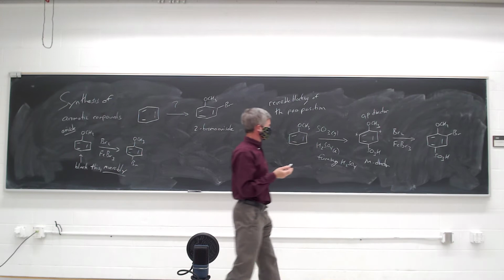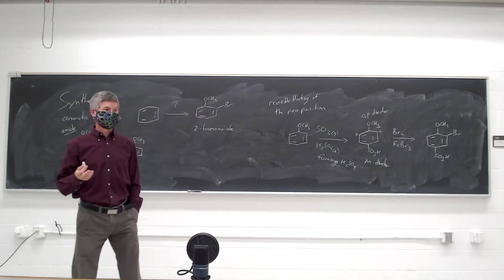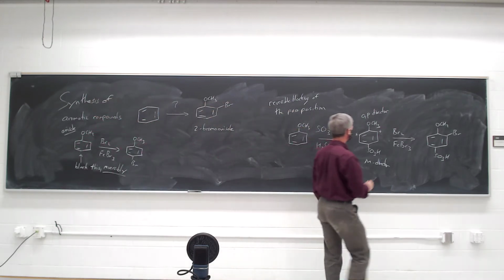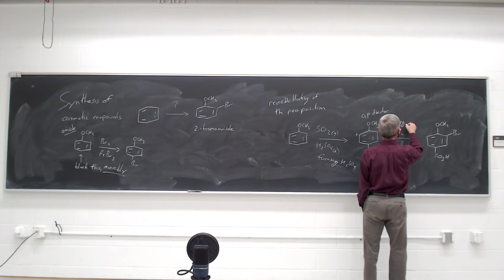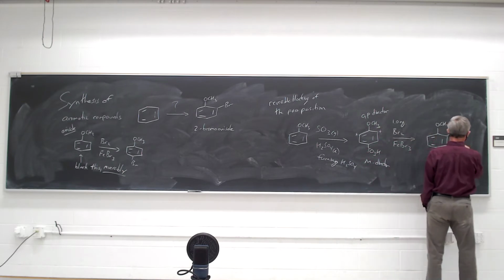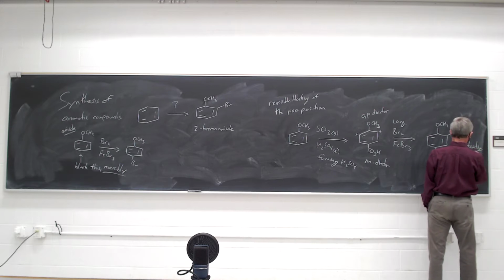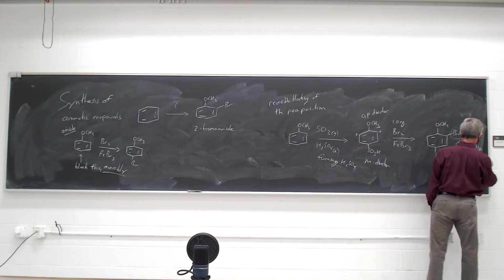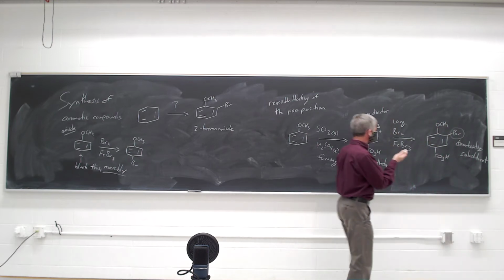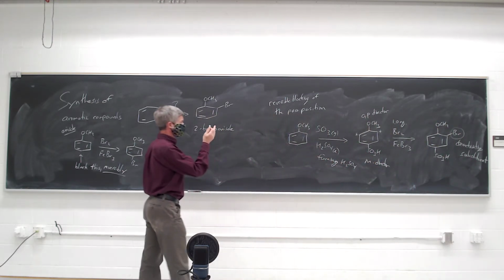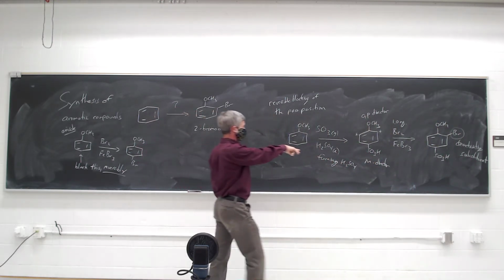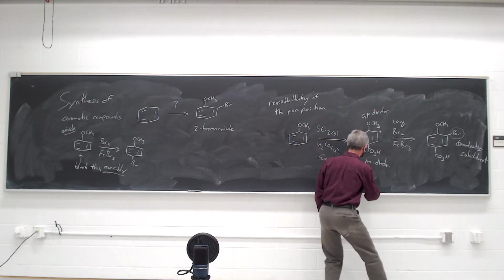We don't generally have to worry about overbromination as long as we use one equivalent. Because remember that that's also a deactivating substituent. Which means that the product is less reactive than the starting material.